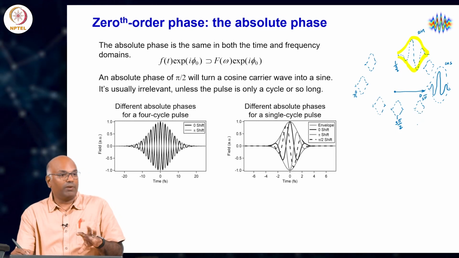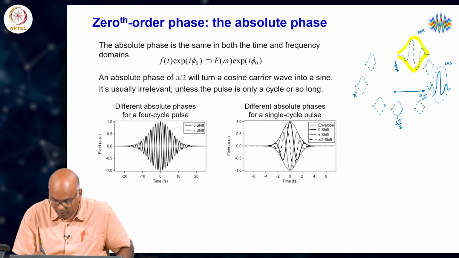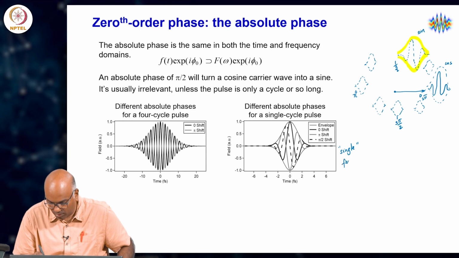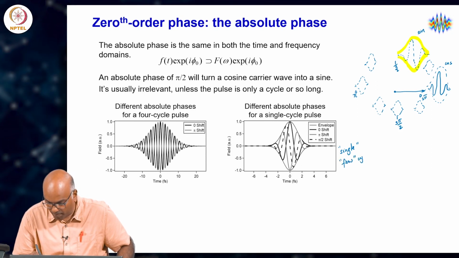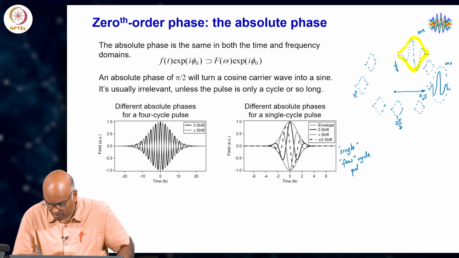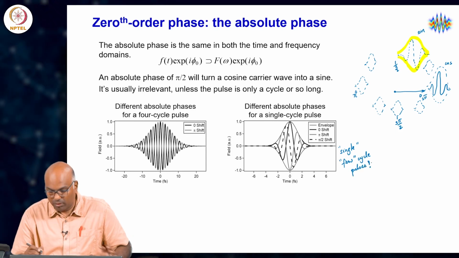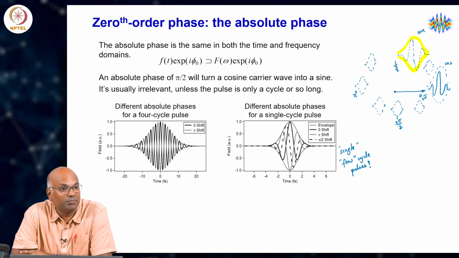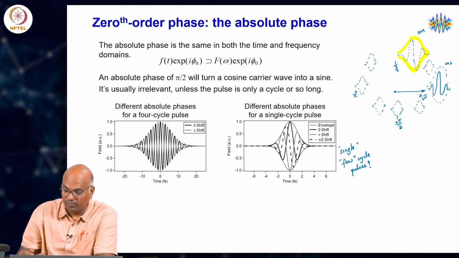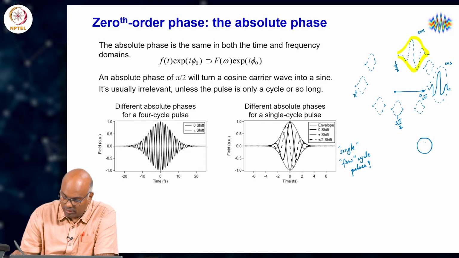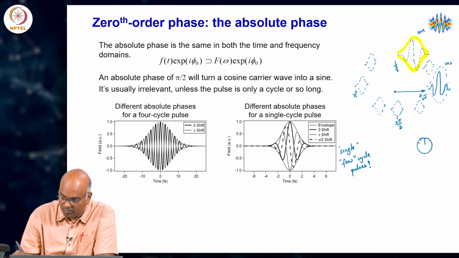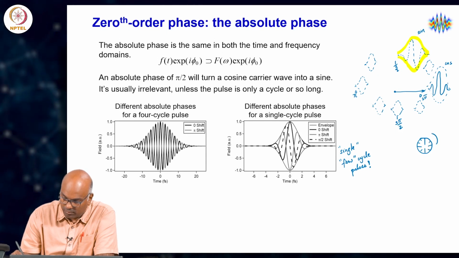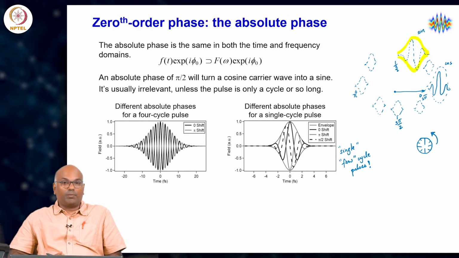So, the value of phi 0, especially for these very few cycle or even single cycle pulses, becomes a knob which I can dial. If I can dial this knob, I can generate different field shapes.